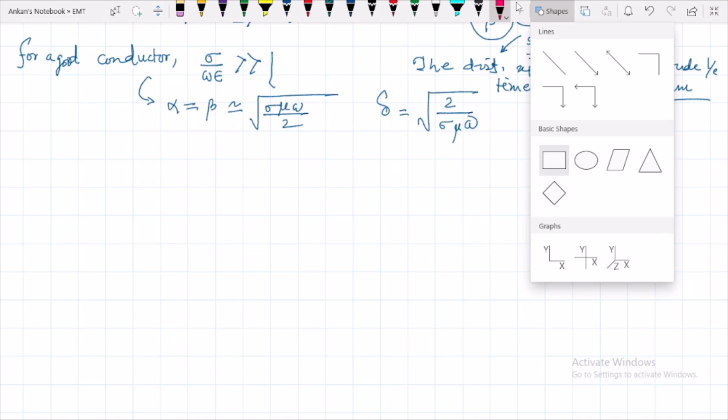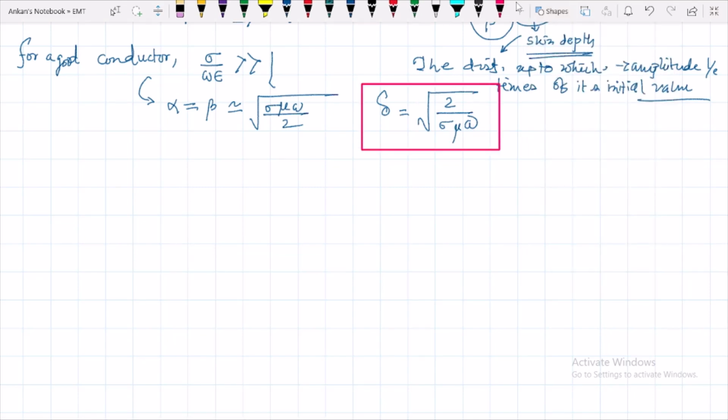Put it in the box. Okay, what conclusion can be drawn from here? Conclusion number 3: if the frequency of electric and magnetic field as well as the conductivity increases, the skin depth will get decreased.